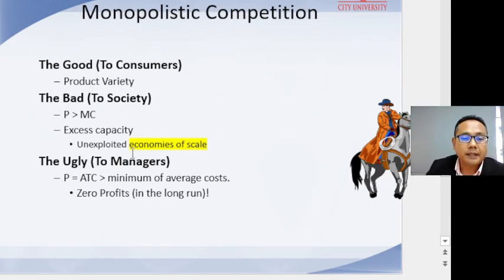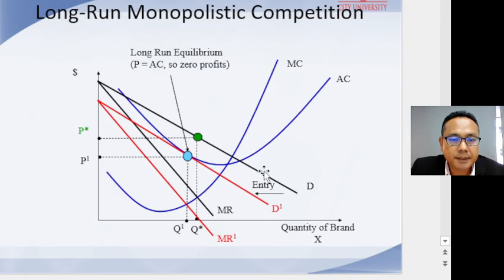Okay, unexploited economies of scale refers to the quantity that we can offer in economies of scale. And the ugly for managers is that price equals average total cost, because that's the minimum of average cost, with zero profits in the long run. Okay, so this is the concept we explain here.